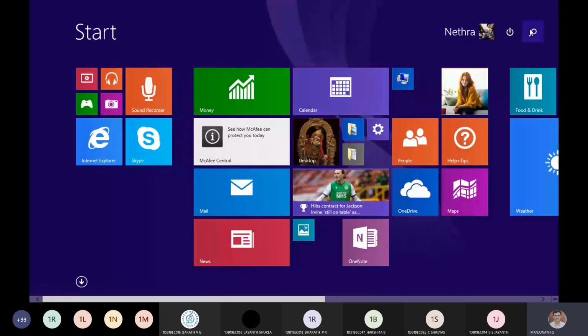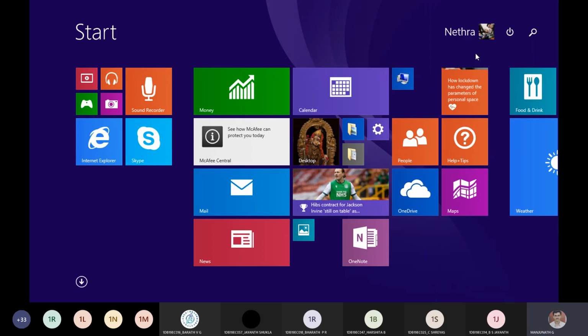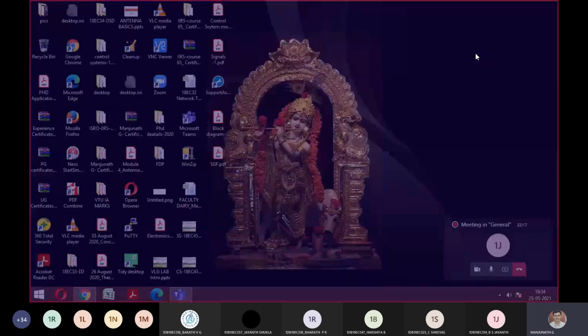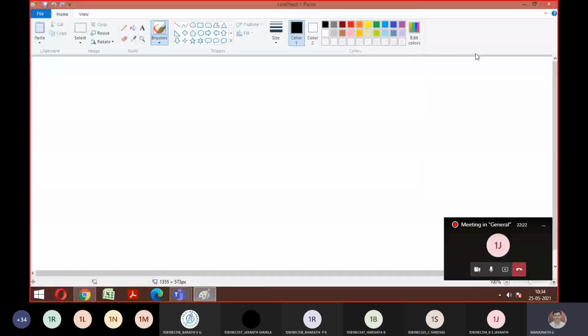If anybody has doubts with module number 1, you can ask. Is the paint visible, everyone? Yes, sir. Okay.